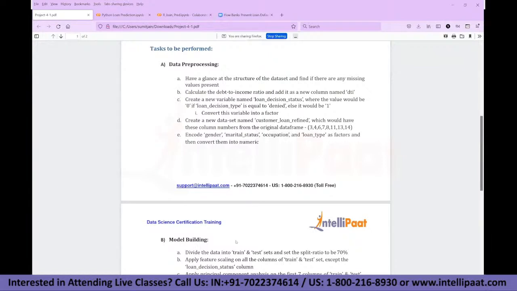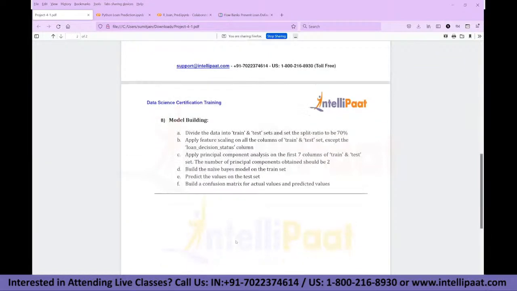The next step is model building. Model building divides the data into two different tables or data frames. One is your train set, another is your test set, and the split ratio is 70%. That means out of the total 100% data, I'm setting 70% to be the training data and 30% to be the test data set, right?